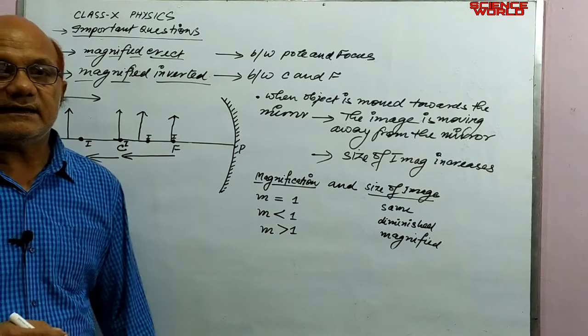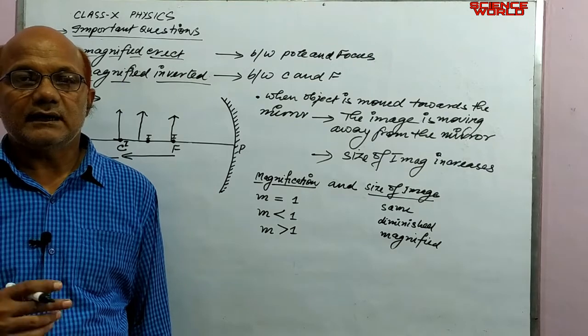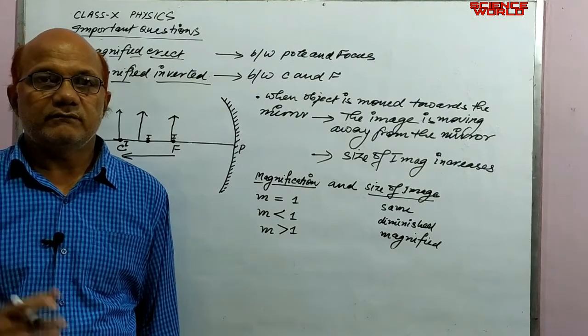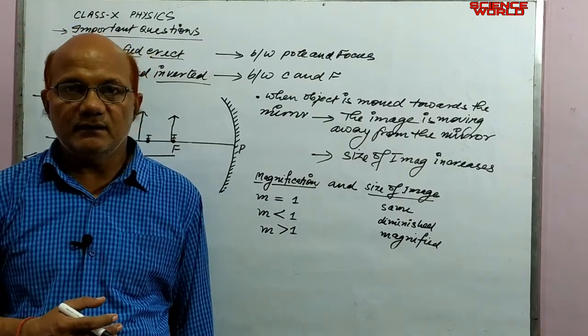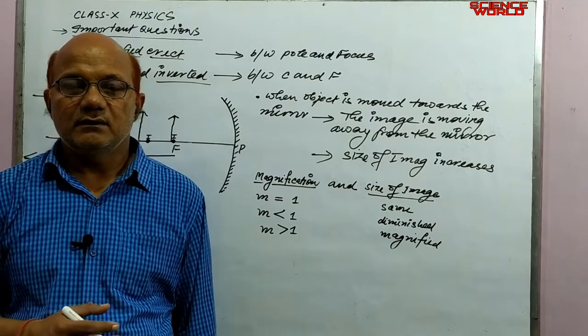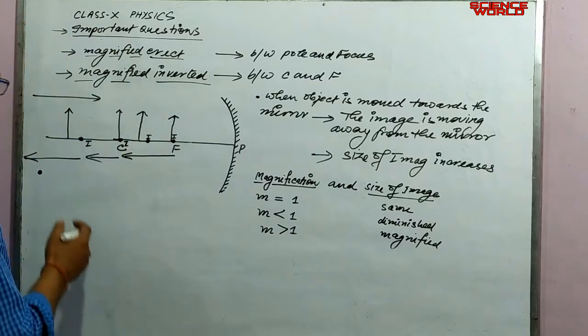How many rays are required to get the image by a spherical mirror? As you know, from the object, so many rays coming and fall on the mirror, but we select only 2 rays to get the image.